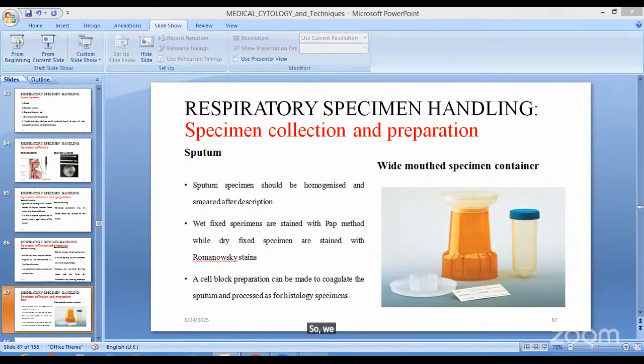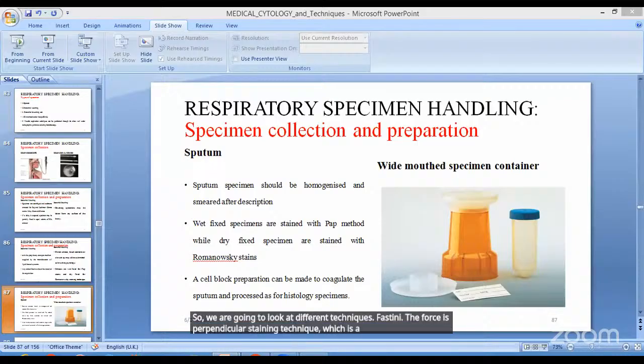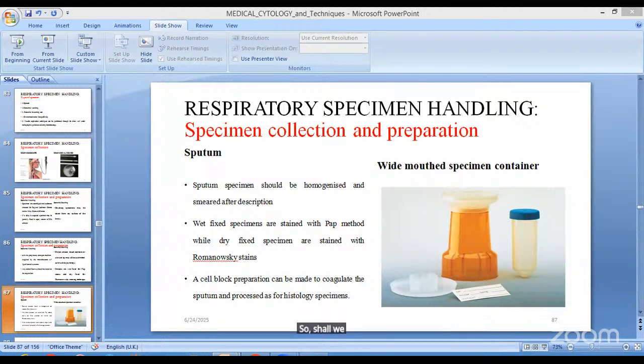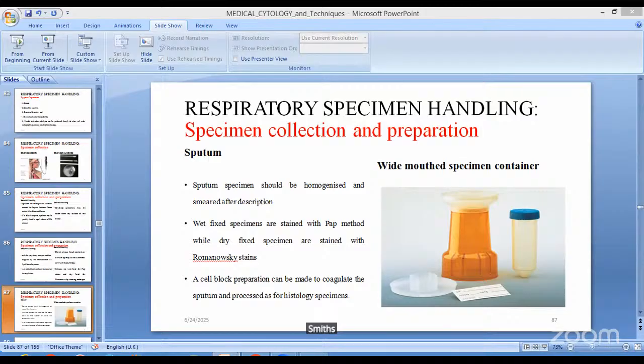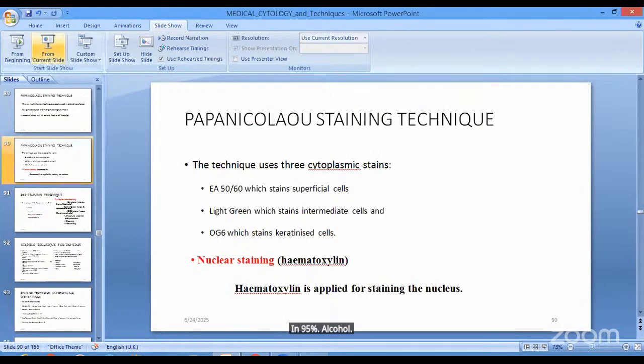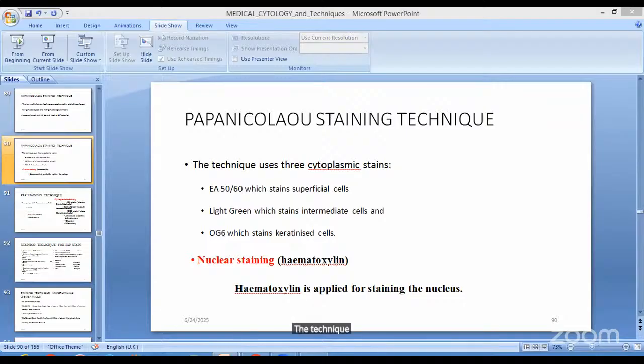We are going to look at different techniques for staining. The first is the Papanicolaou staining technique, which is a multi-staining technique, especially used in exfoliative cytology for both gynecological and non-gynecological smears. Smears meant for Pap stain are always wet fixed immediately in 95% alcohol. The technique uses three cytoplasmic stains.